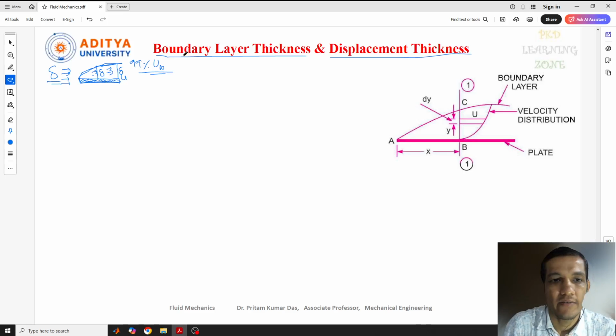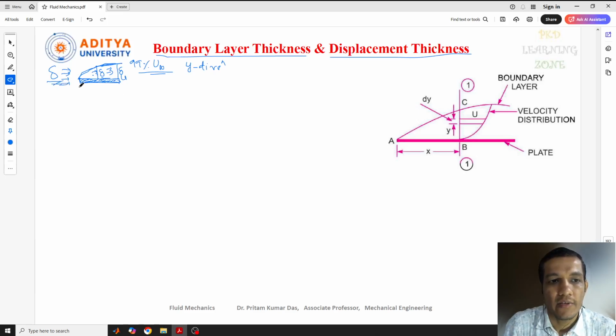It is defined as the distance from the boundary of the solid body, and we need to consider only the y direction. It is the distance from the solid body to the boundary where the local velocity is approximately 99% equal to the free stream velocity, and that is denoted by delta.